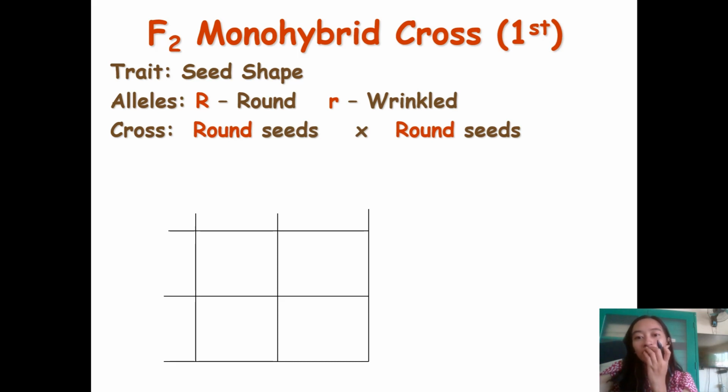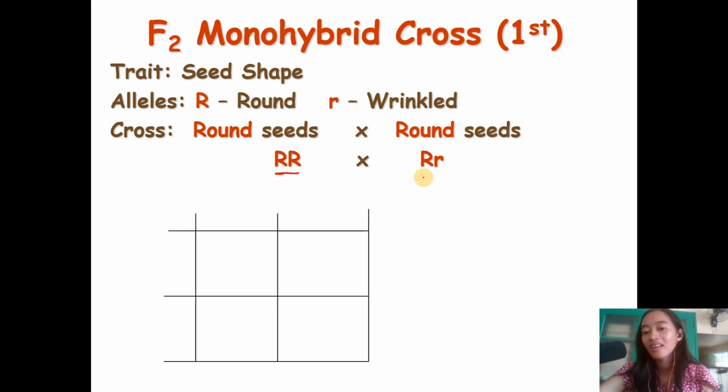For example, round seeds times round seeds. One is purely homozygous dominant, and the other is heterozygous, meaning round comes out because it is dominant, but inside its genes it is dominant plus recessive.